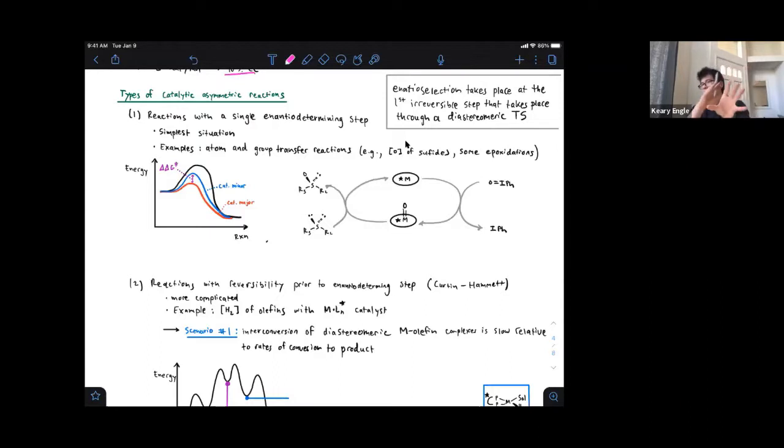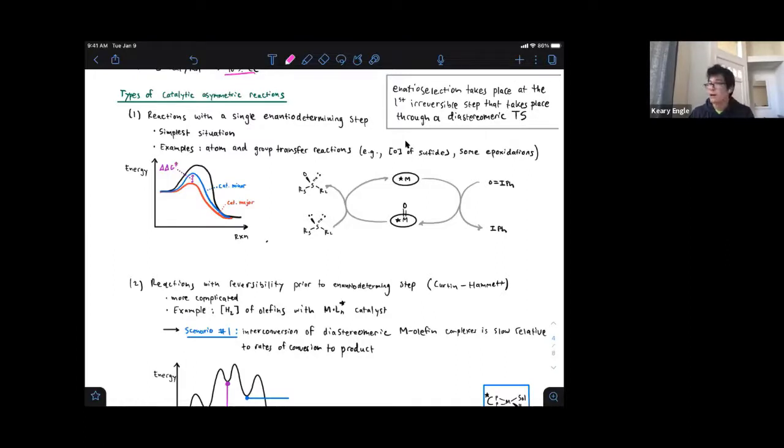You have a reactive group that's going to be transferred on your catalyst. In this case, it's a metal oxo. And then the only thing you need to worry about is the collision between that metal oxo and the reactive nucleophilic moiety, whether it's a sulfide or an alkene. And so here the situation is very simple.